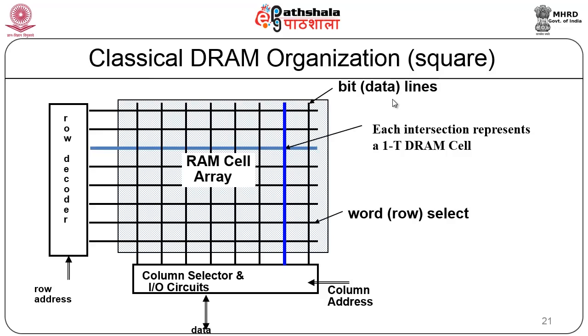So, your address is basically divided into two parts. One is the row address and the other one is the column address. The row address goes to the row decoder, the column address goes to the column decoder, and both these lines are activated. As you can see, the blue lines are shown there.